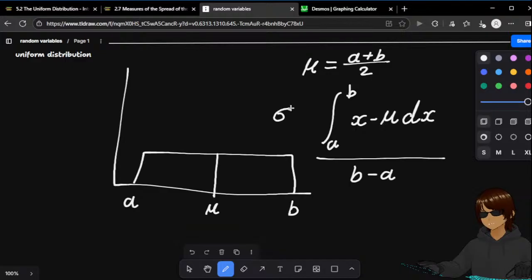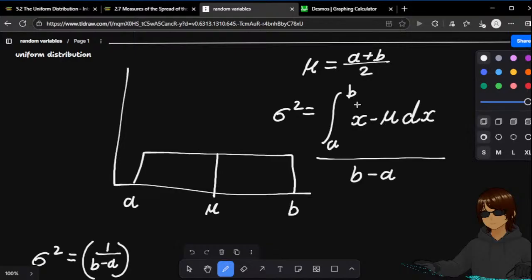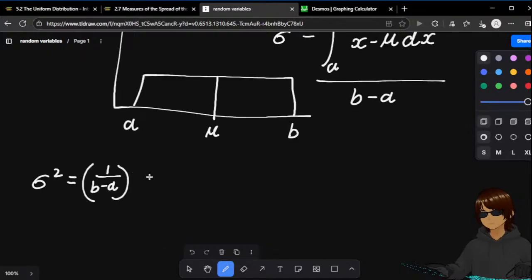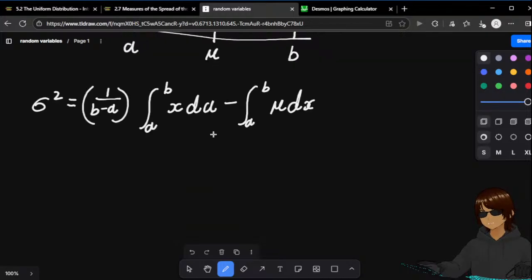Maybe, okay, let's say, the definition of sigma could be this. But this is just a constant.